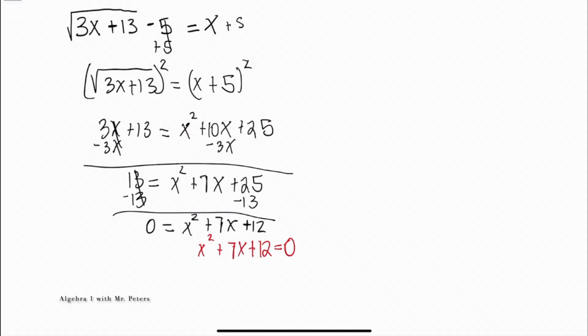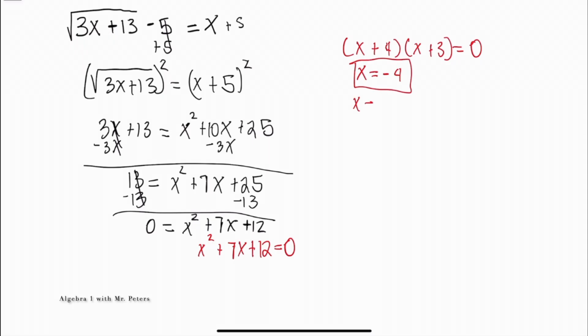So when we factor this now, what we're going to have is x plus 4 times x plus 3 is equal to 0. So that means x is going to be equal to -4, or our x is going to be equal to -3.